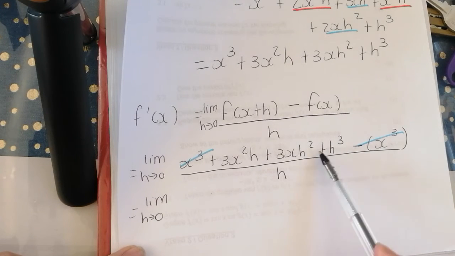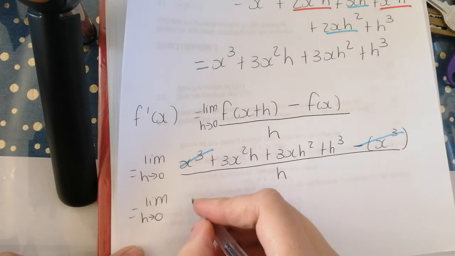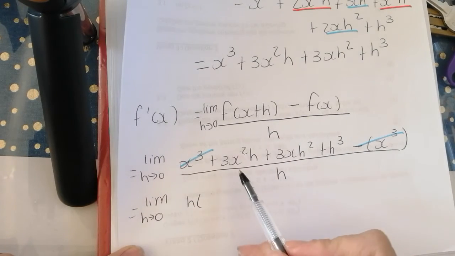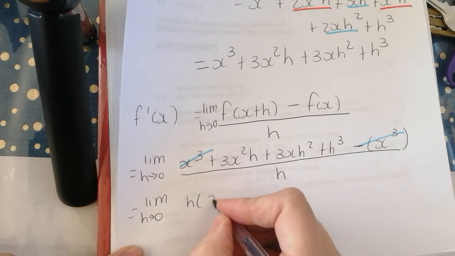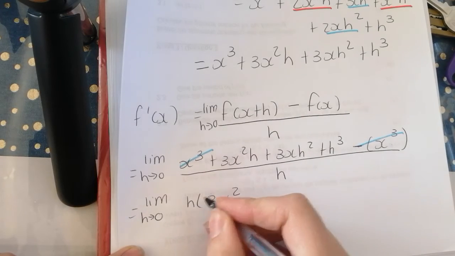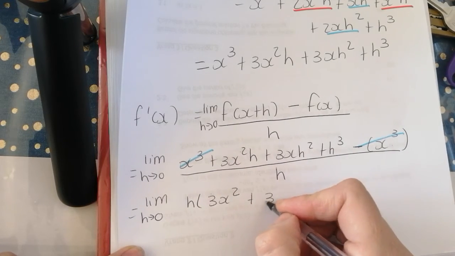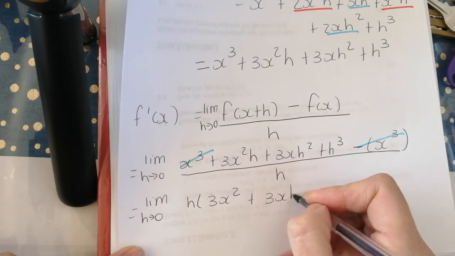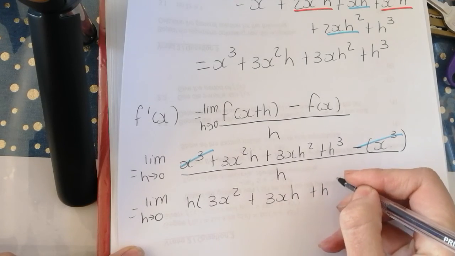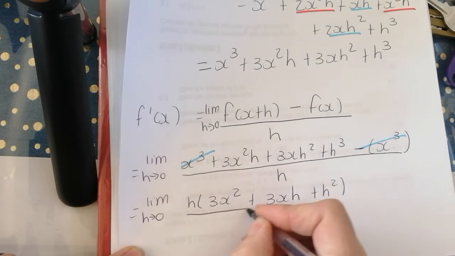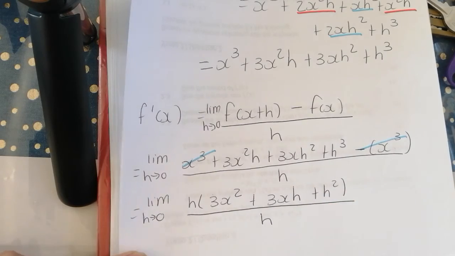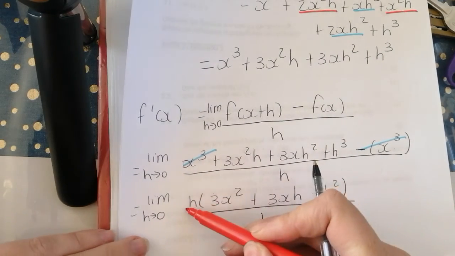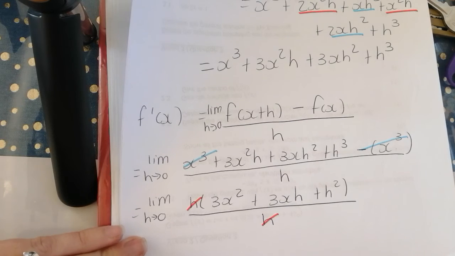So what we can do now is we can take out h commonly there. And then we are left with 3x squared, the h is taken out, plus 3x, 1 h left, plus h squared, divided by h. And what happens when we do this is that our h's are going to cancel.